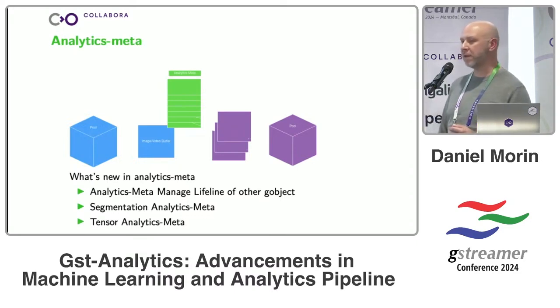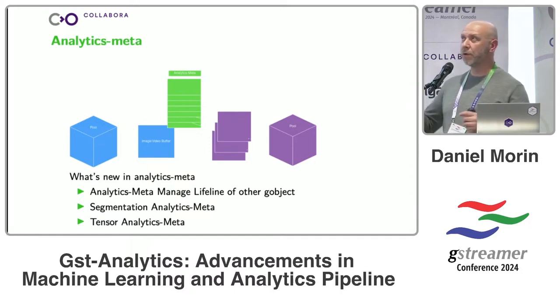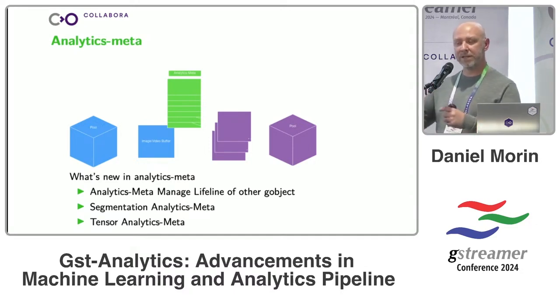There's a tensor analytics meta. A tensor analytics meta is actually storing the result of the analysis, but in a model-specific way. In other words, it hasn't been decoded yet.